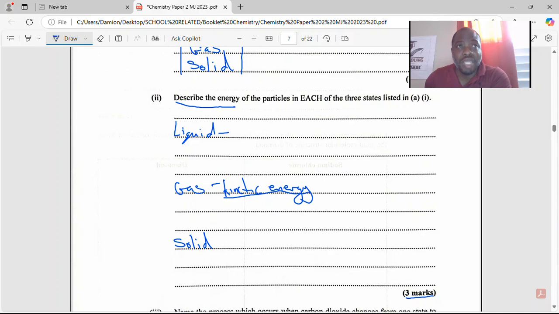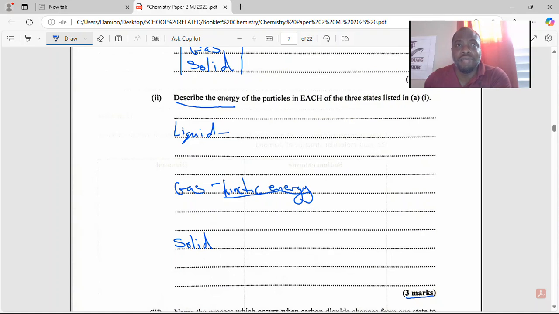That mention of high kinetic energy is what the markers are looking for, not the fact that they're moving freely. Yes, we know they move freely, but you still haven't mentioned anything about the energy that the particles possess. We are describing the energy.